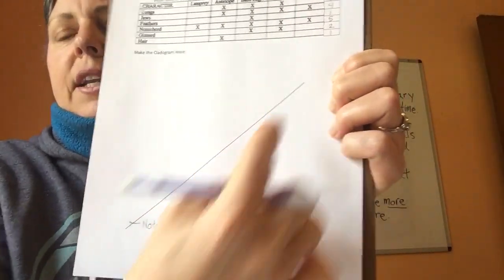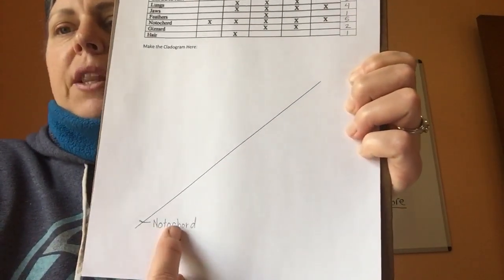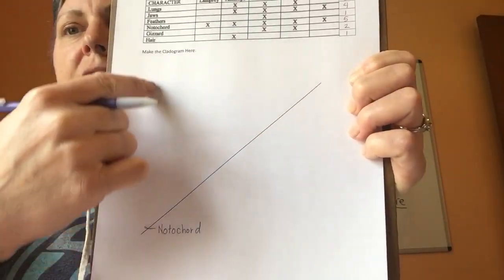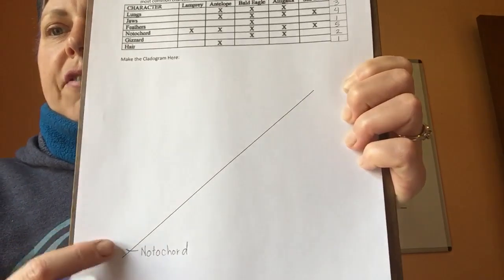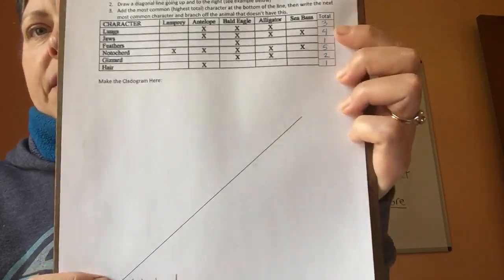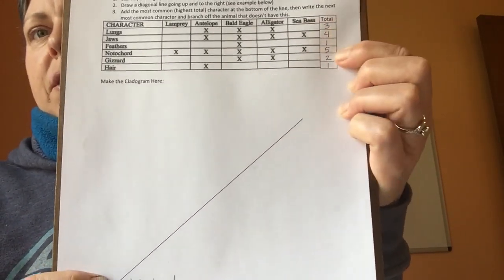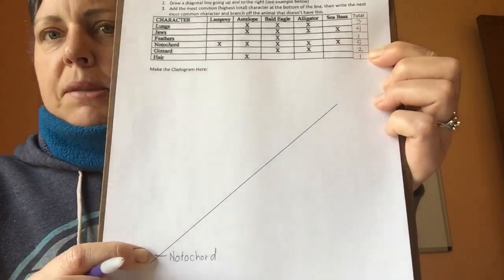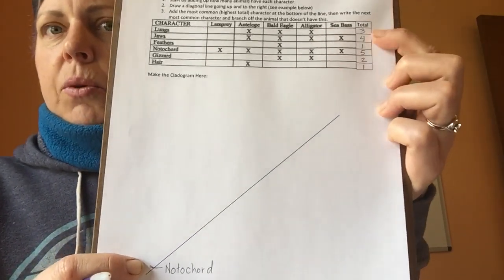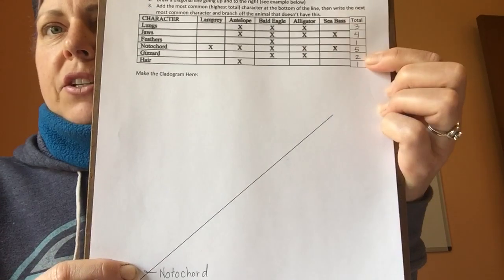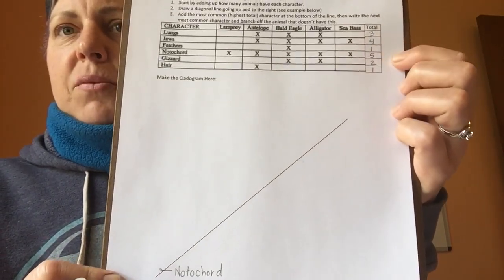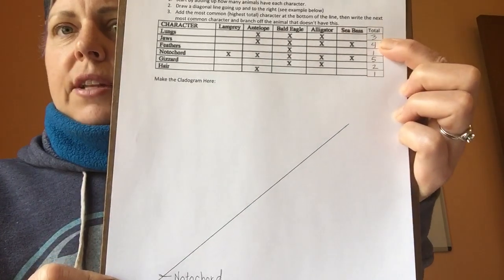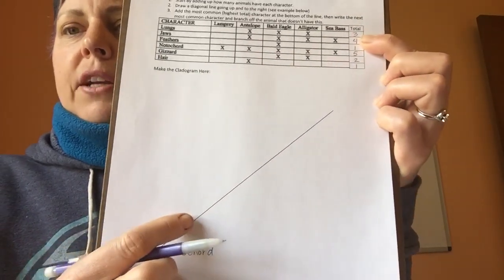Characteristics go below the line. This is my line here. The characteristics go below the line, and then we're going to branch the animals up above the line. If notochord is the most common characteristic, what is the next most common characteristic? Which one of these characteristics do most of them have, but minus 1? You're going to see that that's jaws. So we're going to write jaws on here as our next characteristic.